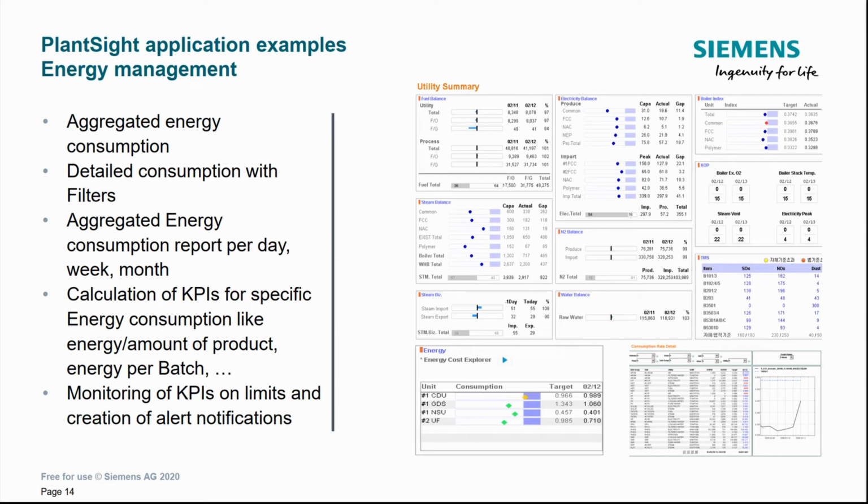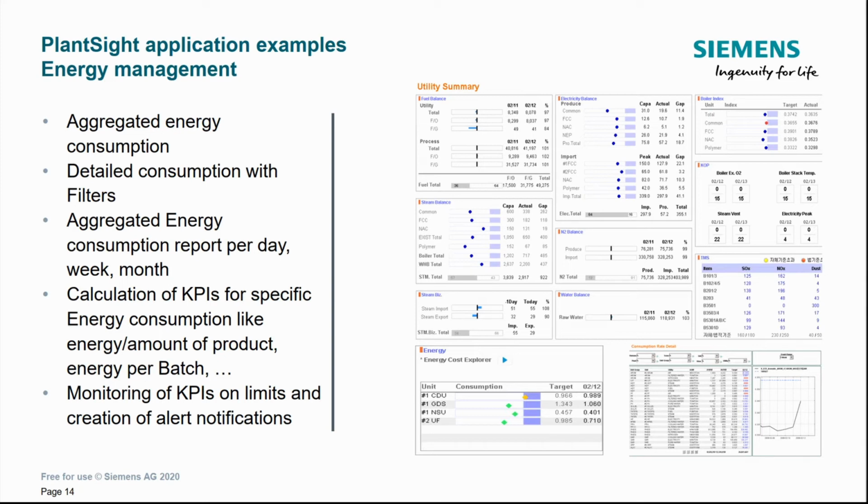With our capability to calculate KPIs, we can aggregate energy consumption, but also drill down to specific users and calculate KPIs to get a better impression about the specific energy consumption of specific assets, because this gives us much more detailed information than just the raw data. We can calculate energy consumption per batch, per product, per campaign, whatever makes sense.